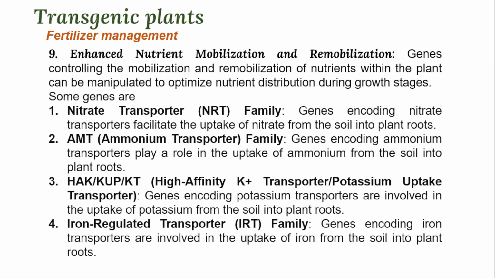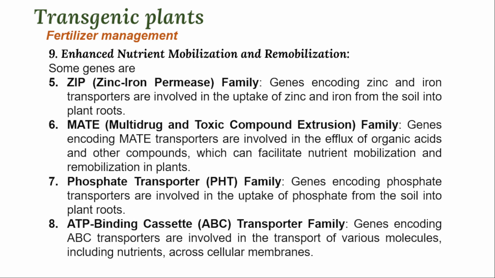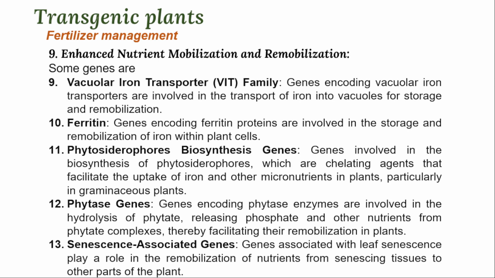These proteins mainly help in the transportation of minerals effectively in different plant parts, like nitrate transporters, AMT ammonium transporters, HKT, and iron regulated transporters, and distribute them throughout the plant. If you engineer these genes, that will enhance the efflux of these nutrients in the entire plant, and then no deficiency takes place, which will manage the fertilizer demand.